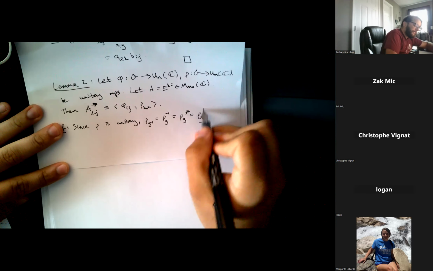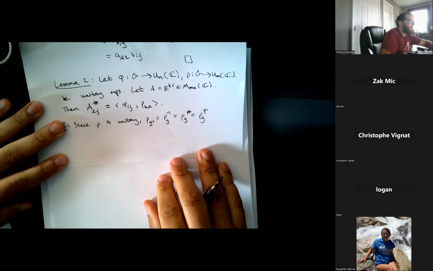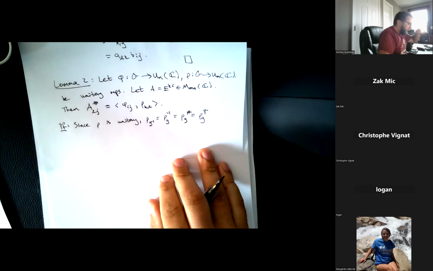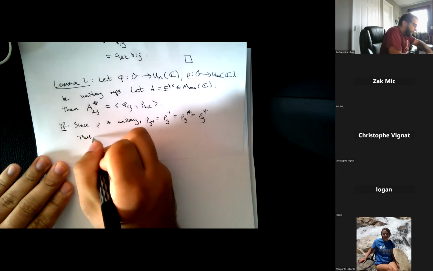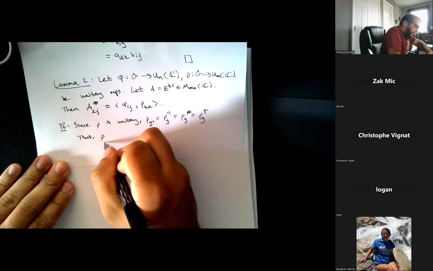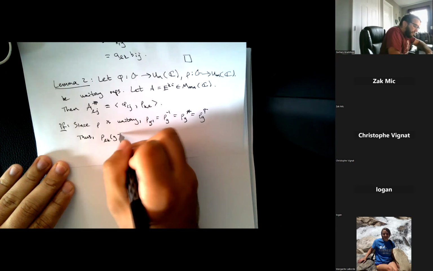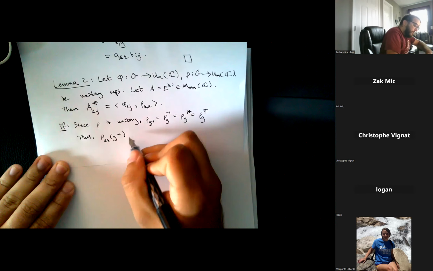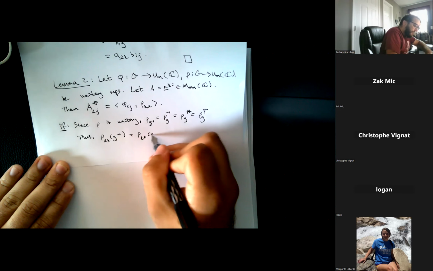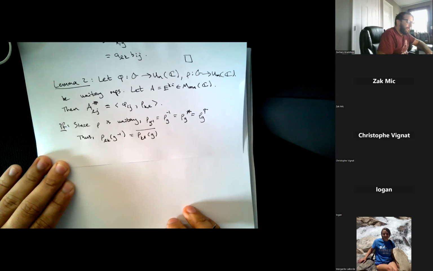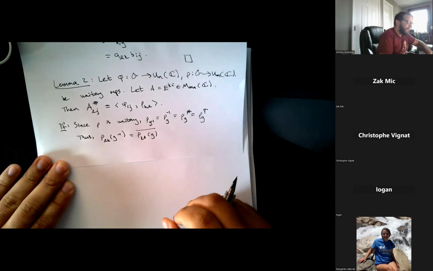They mean the same thing, whichever you like better. Thus, rho_LK of g inverse is equal to rho_KL of g bar.